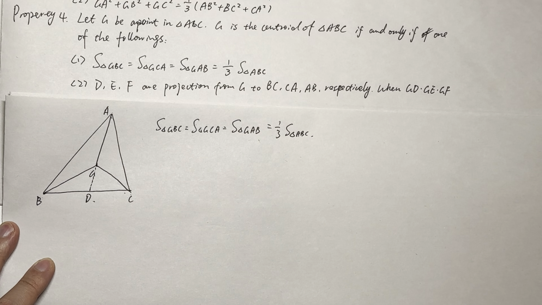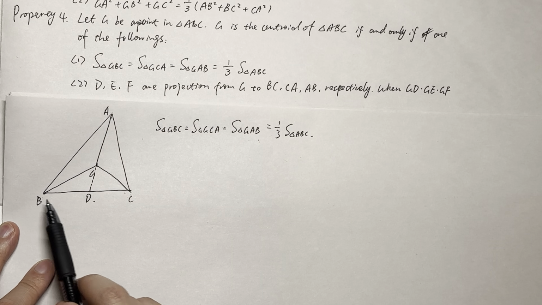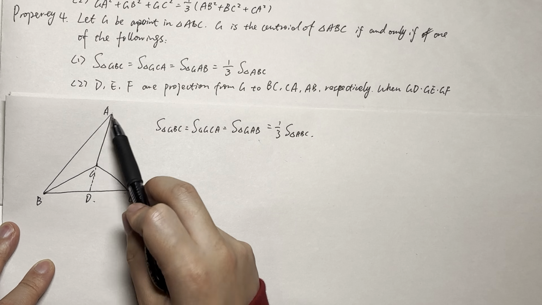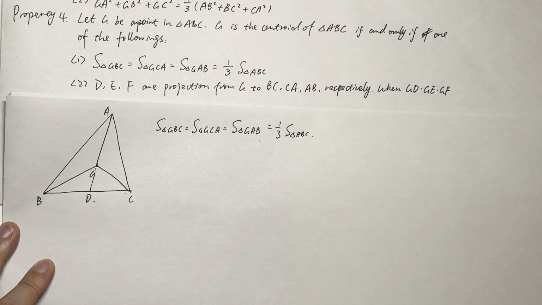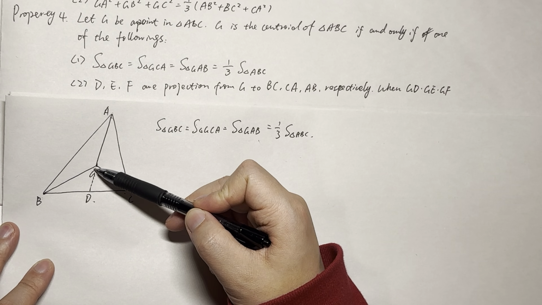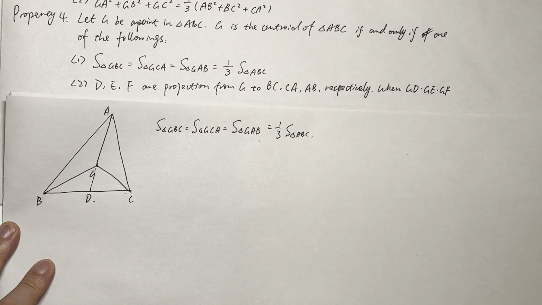They have the same edge AG, which means the height from B to AG equals the height from C to AG, which eventually means that BD equals DC. That means AG is a median of triangle ABC. Similarly for BG and CG, then we know that G is a centroid, right?